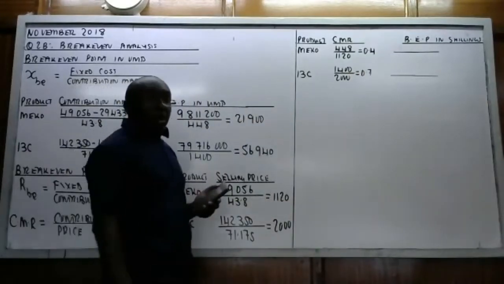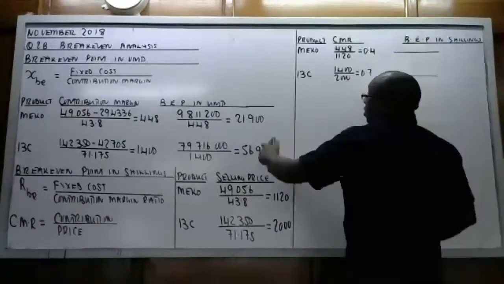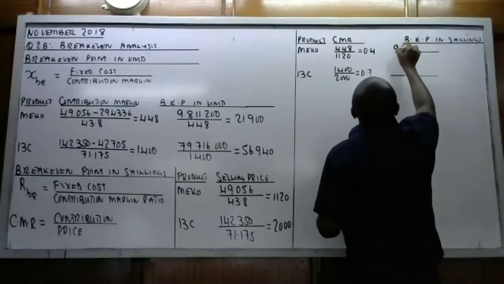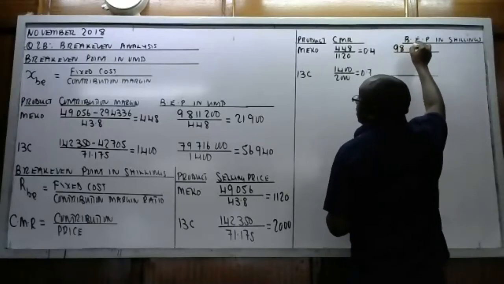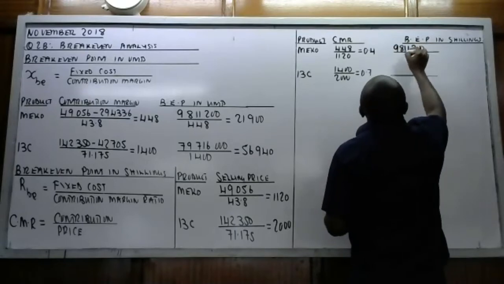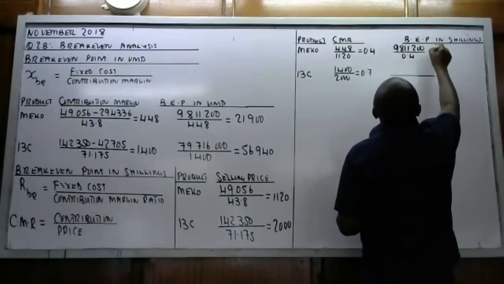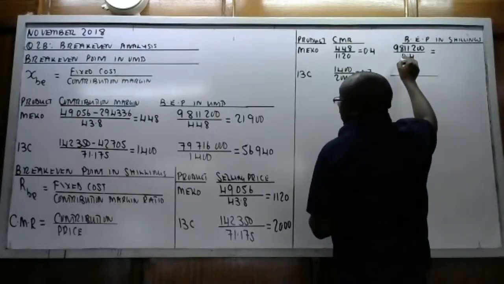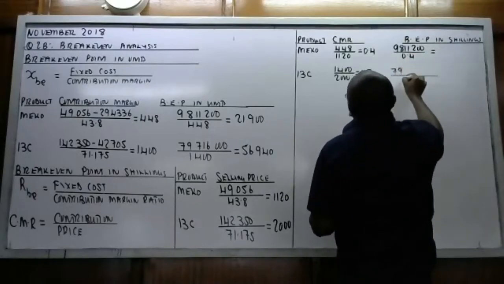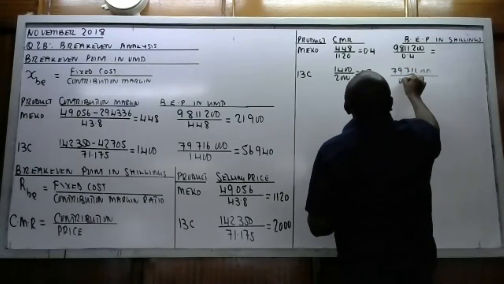So the break-even point in shillings should then be the fixed cost. 9,811,200 you divide by 0.4. And this other one, 79,716,000 you divide by 0.7.